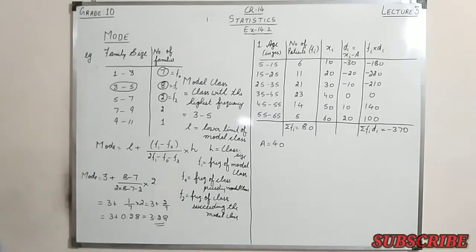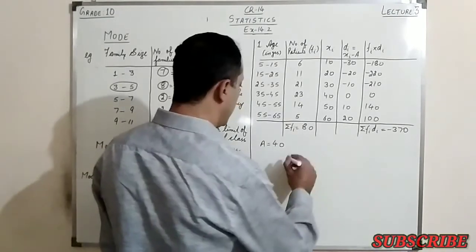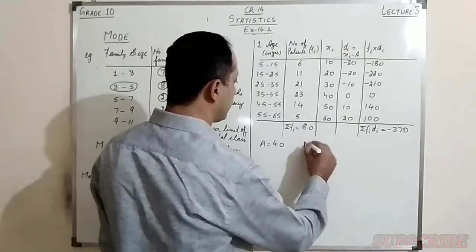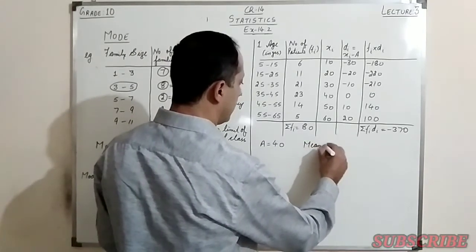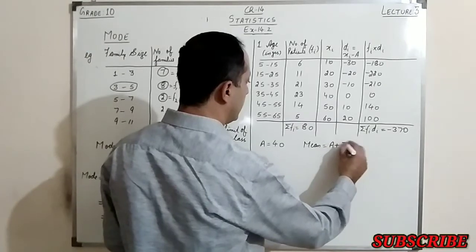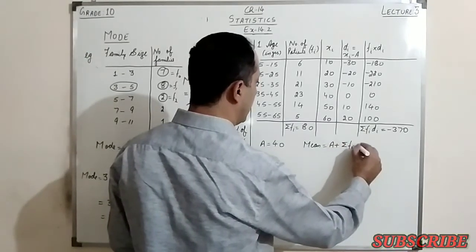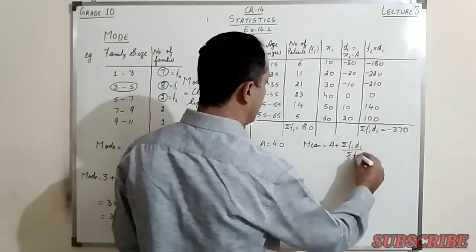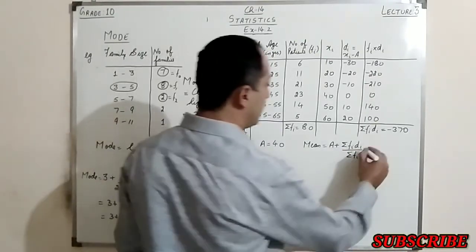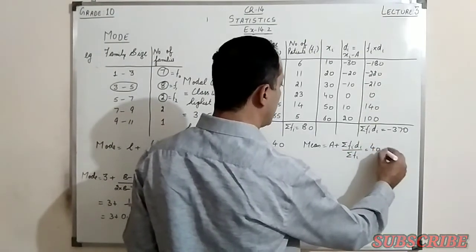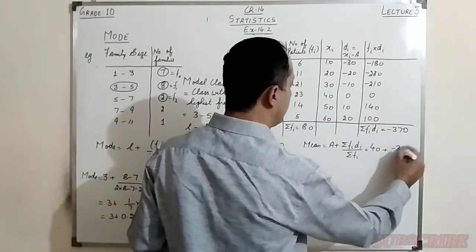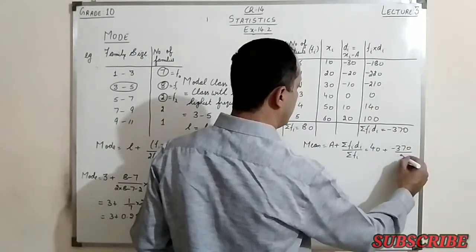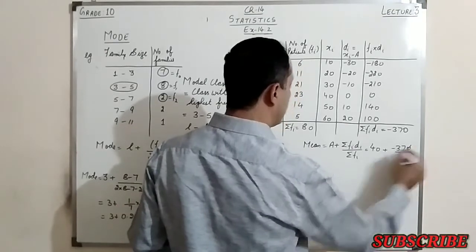Now let's find the mean using the assumed mean method. So we have mean equals a plus summation fi di upon summation fi. So that will be equal to 40 plus minus 370 upon 80. So this cancels out.